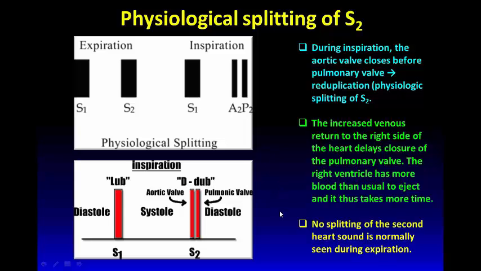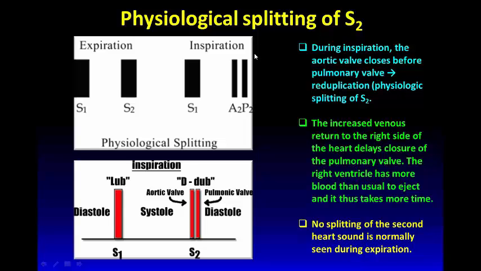Normally, no splitting of the second heart sound is heard with the stethoscope during expiration, or is seen on phonocardiography during expiration. So this is the physiological, the normal splitting of the second heart sound, which is heard in normal individuals during inspiration.